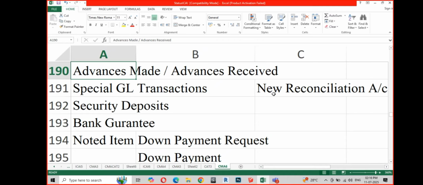So one reconciliation account for your normal sales, which we discussed maybe two or three days ago, connects the finance module to your accounts payable, accounts receivable or assets module. Now this reconciliation account, when we talk about advances or security deposits or bank guarantees or bill of exchange.